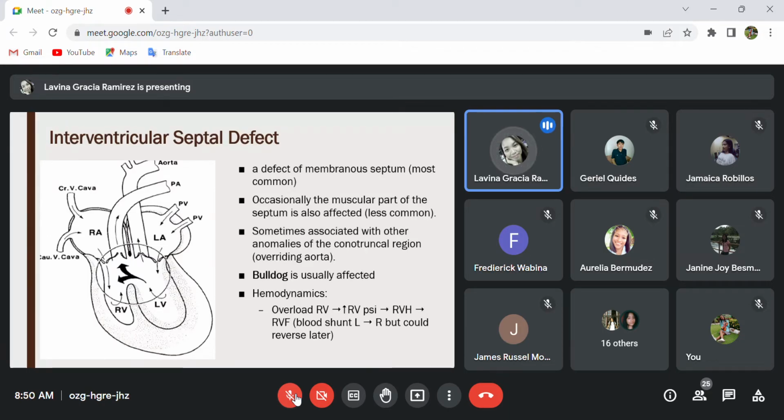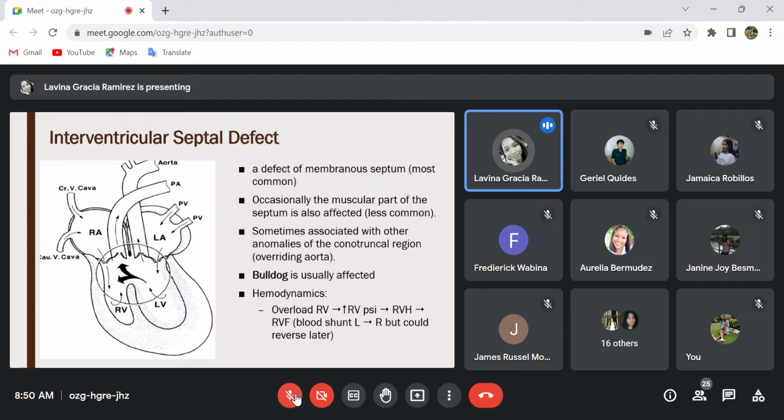So this is the hemodynamics being affected. So there will be overload of the right ventricle, which increases the right ventricular pressure. Now, this right ventricular pressure will also affect the right ventricle. That will lead to the development of right ventricular hypertrophy and right ventricular failure. Ito na yung parang output, okay, of this right ventricular hypertrophy.